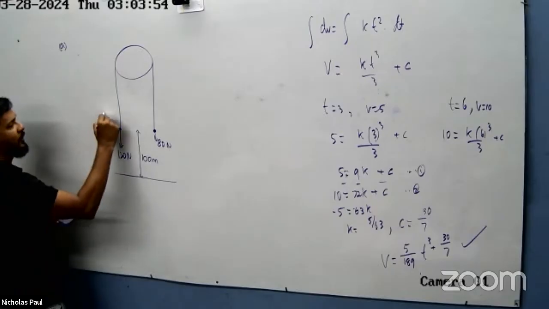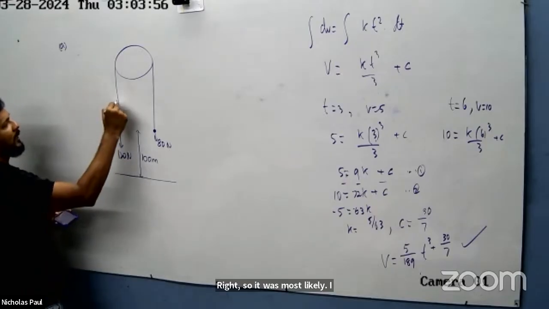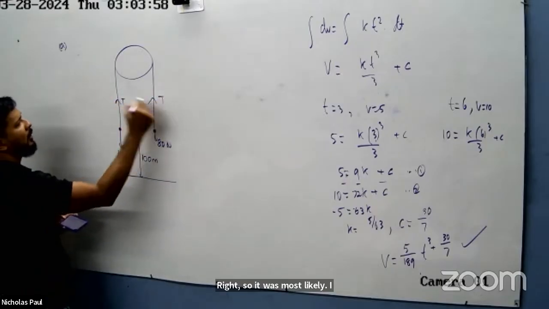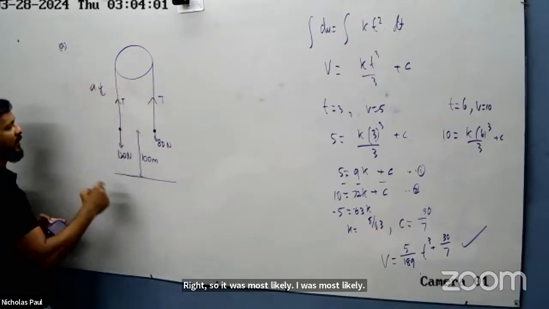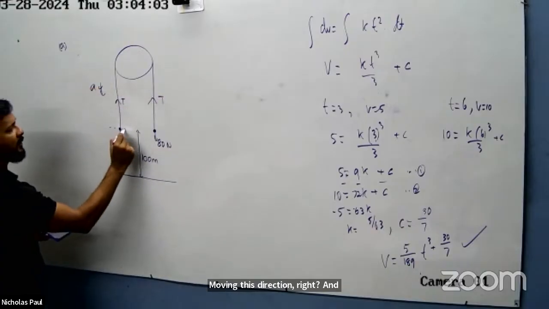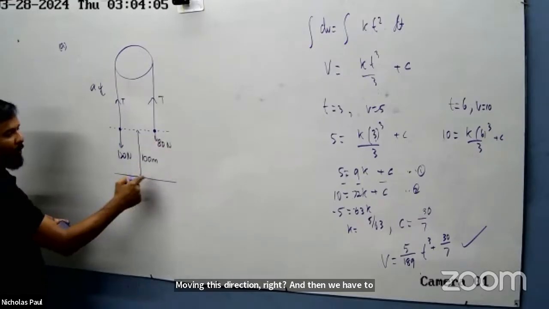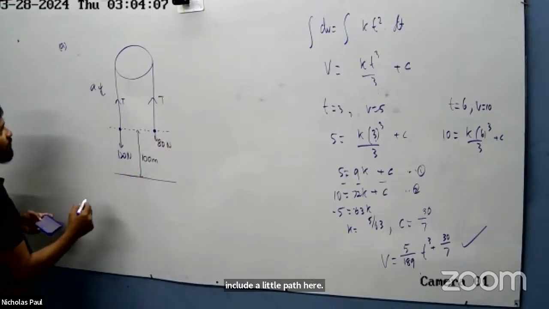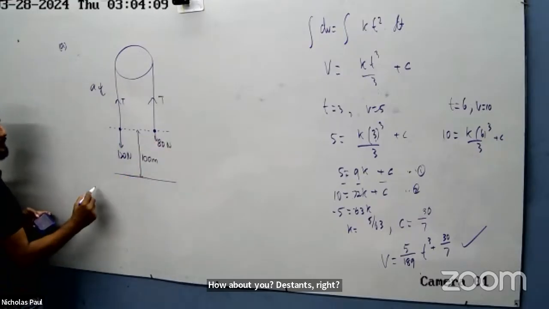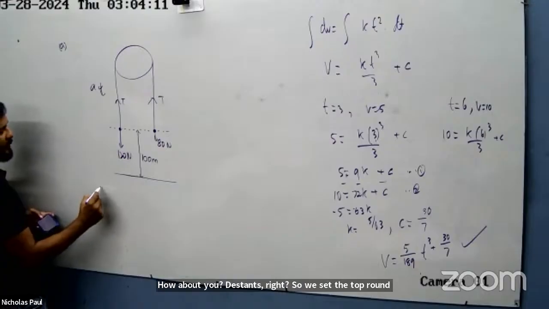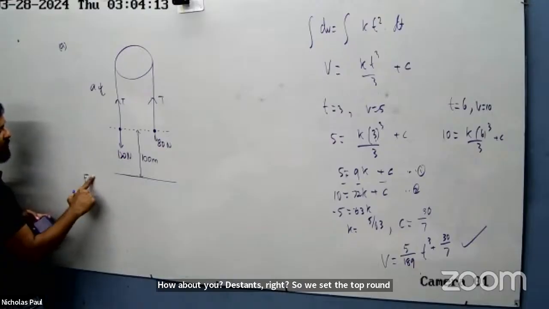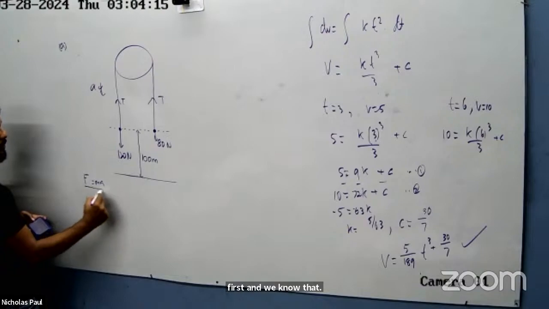Right? So it will most likely move in this direction, right? And then we have to include a little part here about the distance, right? So we set it up real fast, and we know that, of course, we are applying F is equal to ma, right?